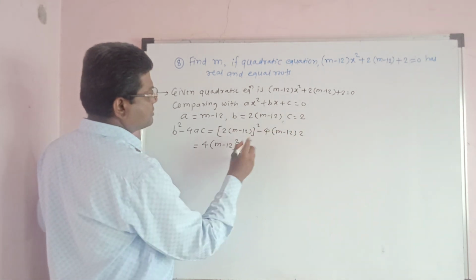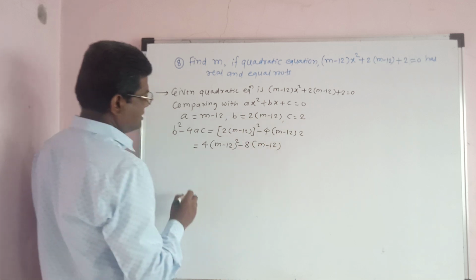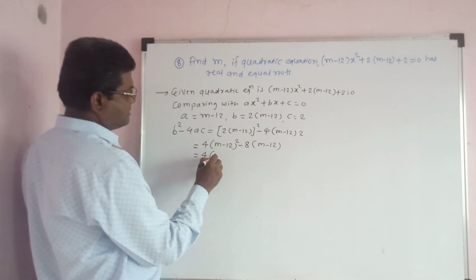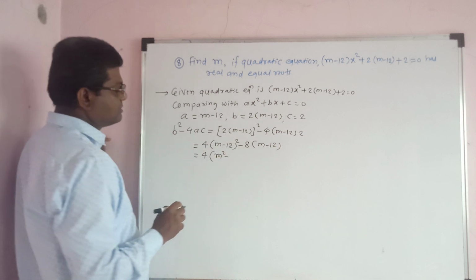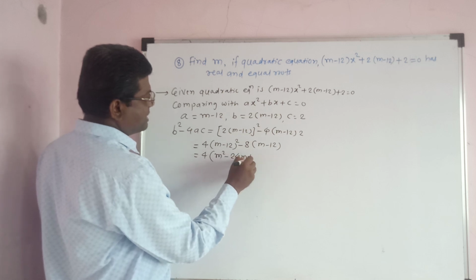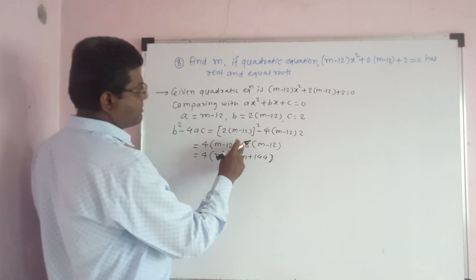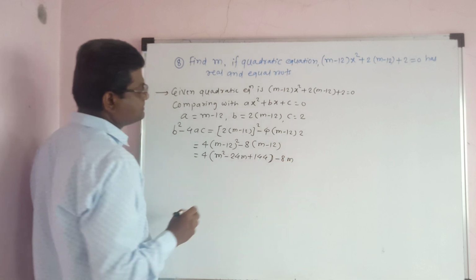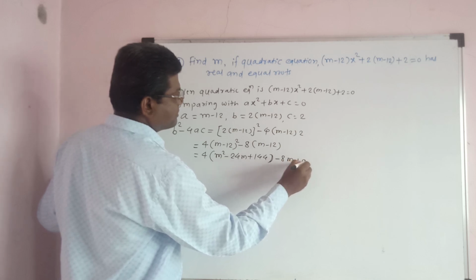This is 4 into 2, 8 into (m − 12), equals 4 into the expanded bracket, that is m² − 2 into m into 12, 24m, and 12² is 144. Multiply by this bracket: −8 into m, −8m, −8 into −12 is plus 96.